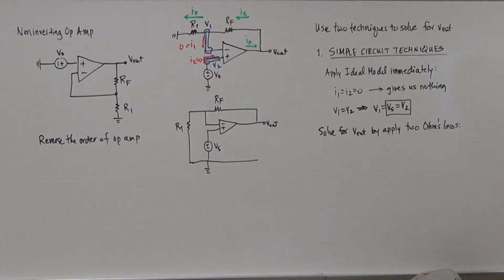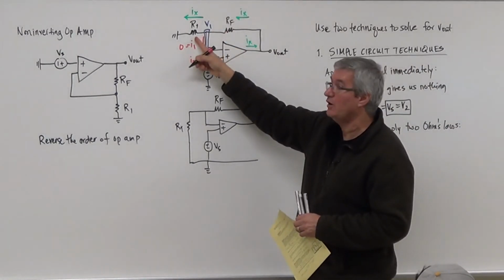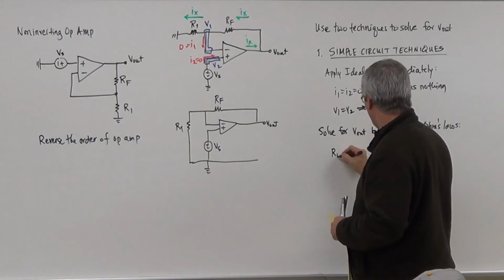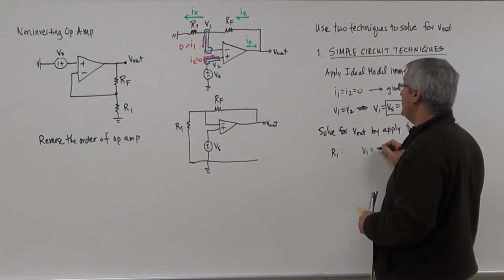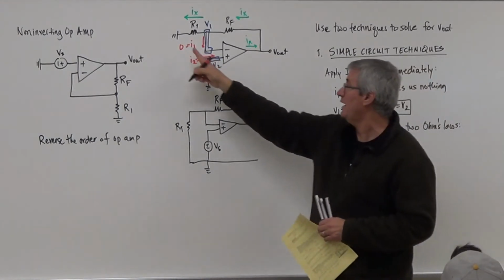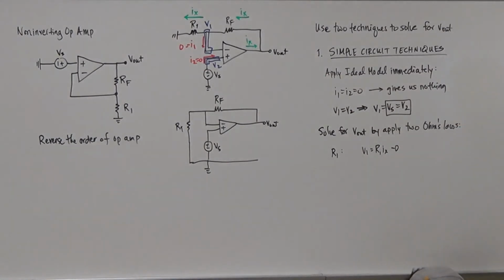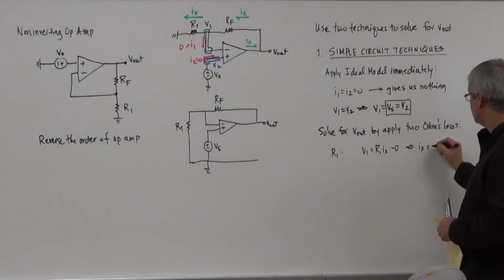So here we go. If I look at just the resistor R1, this tells me that V1 must be R1 times Ix, right? That's the ground. Maybe I should put a 0 here, just to remind you that I'm talking about the ground. So this implies that Ix must be V1 over R1.